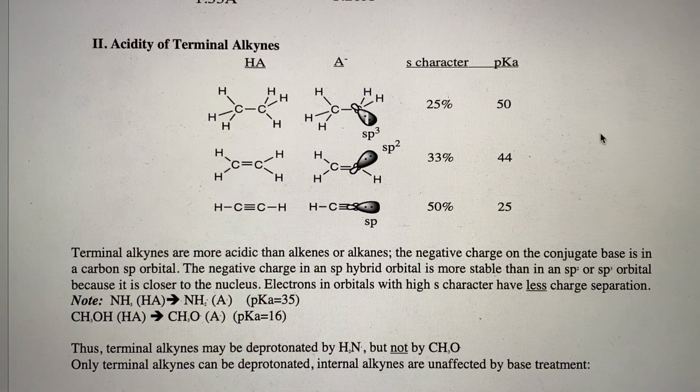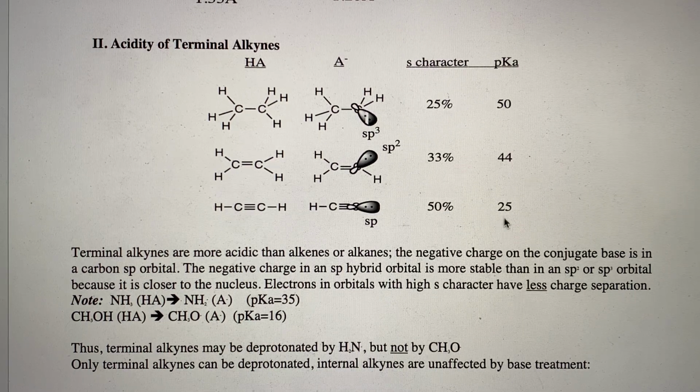Now, in terms of chemical properties, alkyne compared to inorganic acid like HCl or nitric acid, HNO3, is nothing compared to that. But it is pretty reasonable in terms of acidity compared to alkane or alkene.